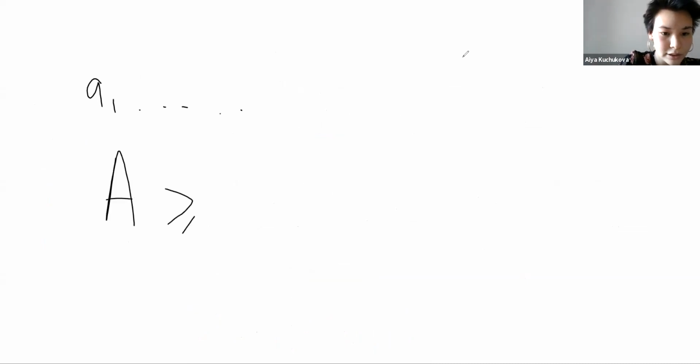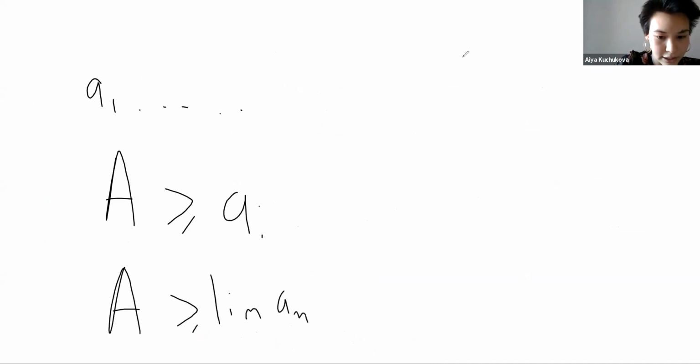Say you have some sequence a_1, and so on. If you have that some a is bigger than a_i for any i, then we know that a is bigger than the limit of a_n as n goes to infinity. We know that fact, right? And because supremums are kind of like maximum limits, this would hold for supremums too.